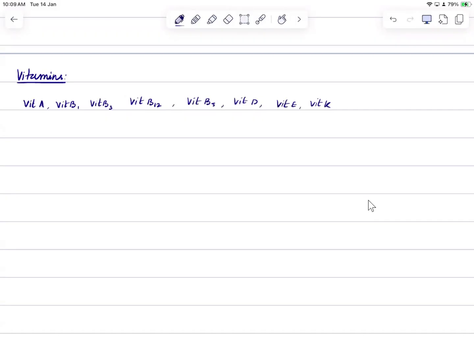So mainly check out their deficiencies. What are the diseases which are caused if you have a deficiency? And lastly, if you notice, vitamins D, E, A, K are fat soluble, while vitamin B and C generally are water soluble. You got it? Okay.